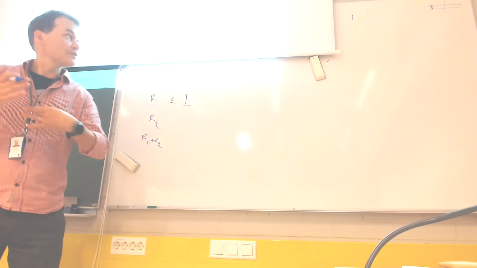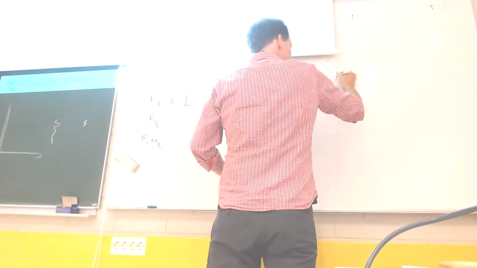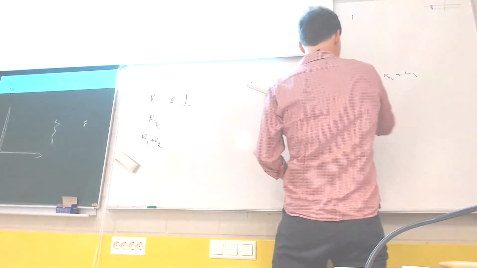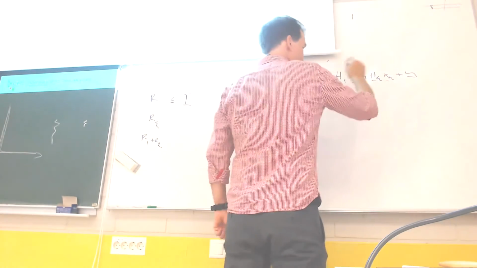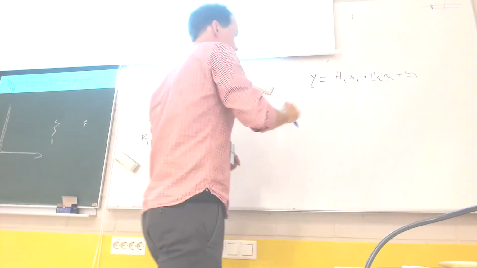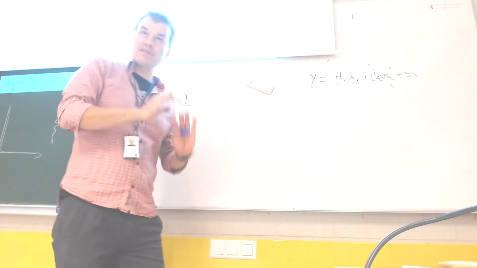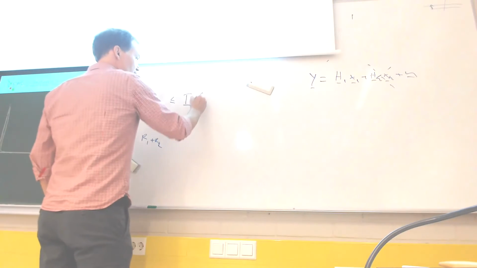It has been removed. In this case, y equals h1 x1 plus h2 x2 plus n. The best case from the user 1 perspective is when this user is not there. The single user, right?